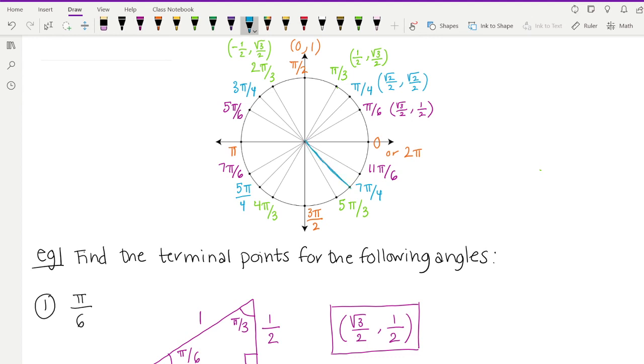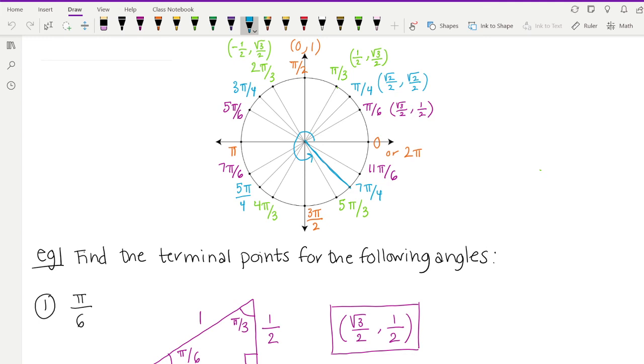So 7 pi over 4 is this angle, right? That's the rotation. This time, you can't even imagine drawing a triangle that actually contains that angle, right? That angle is way too big to actually be contained within a triangle. But once again, you don't need to worry about that. The angle that you're actually working with does not need to lie in your triangle. The triangle is just there to help you find the coordinates of the point.